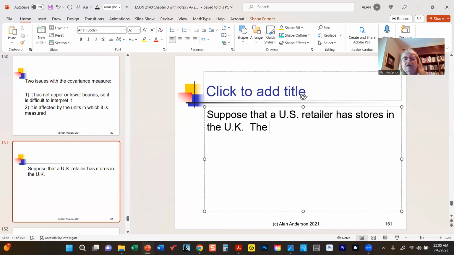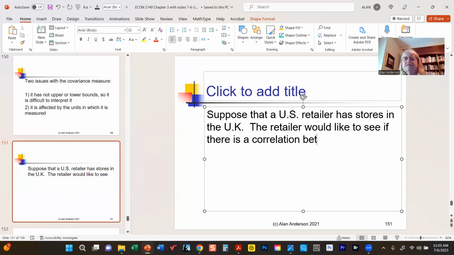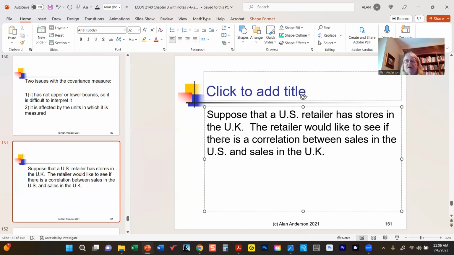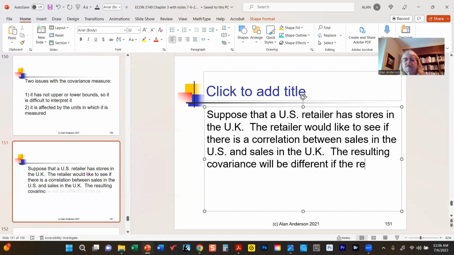The retailer would like to see if there's a correlation between sales in the US and sales in the UK, which is fine, but the resulting covariance will be different if the data is measured in dollars or pounds.